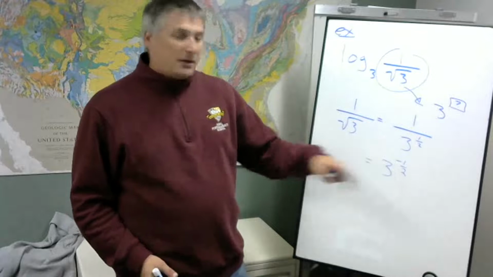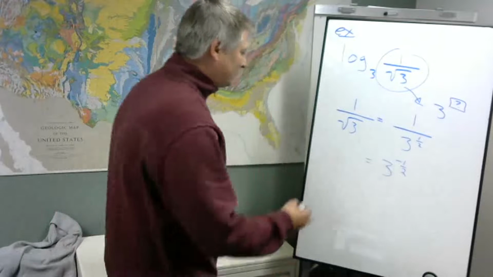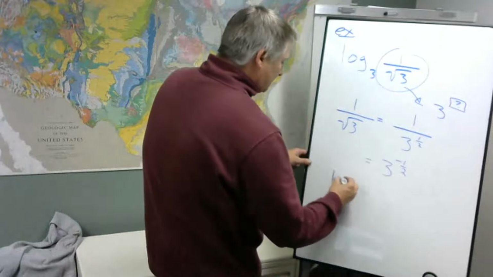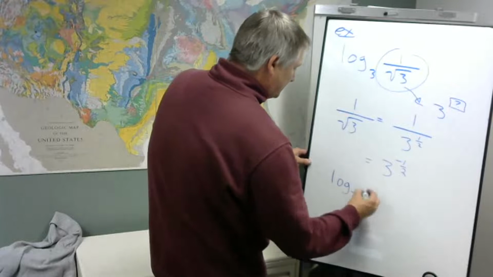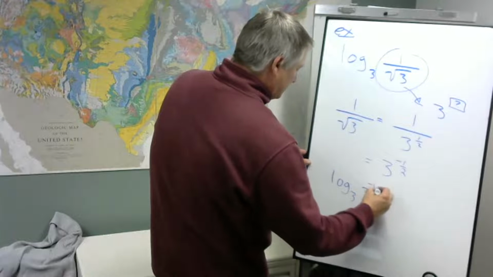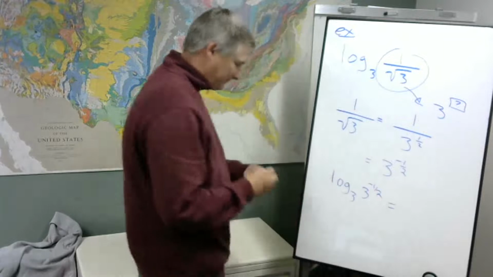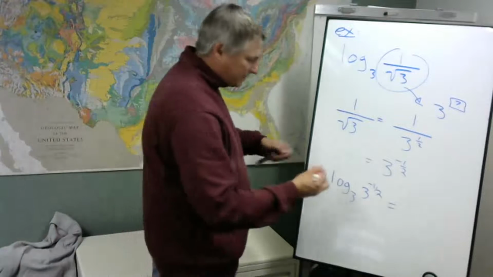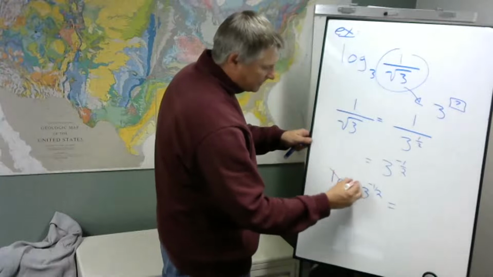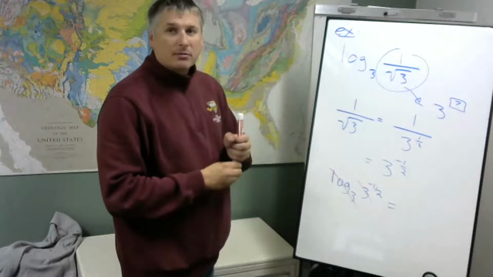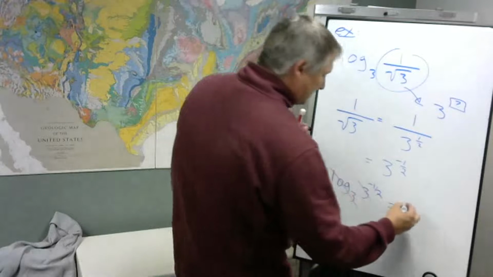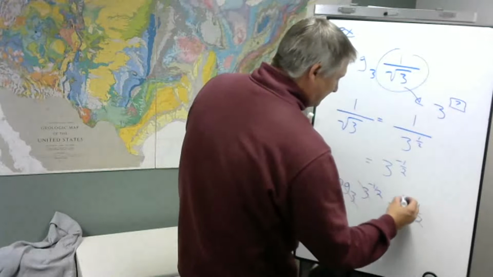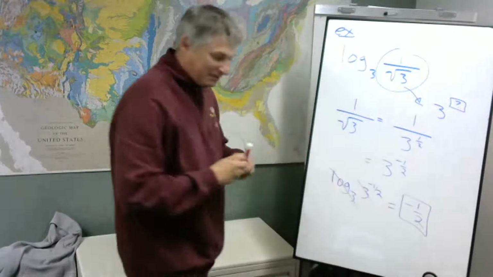And so now we've got 3 to the negative half. So we can rewrite this problem as log base 3 of 3 to the negative half. And what's going to happen? The log with its base, the base of the exponential function, they're going to go away. Negative half.